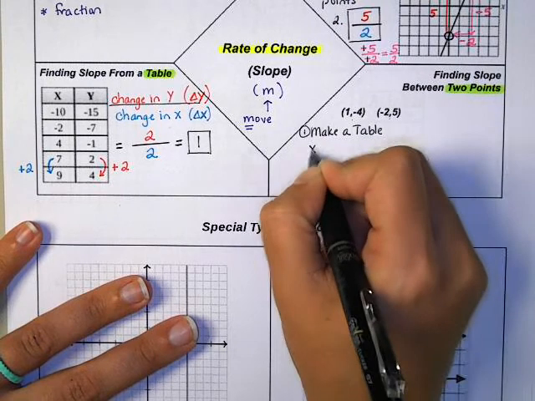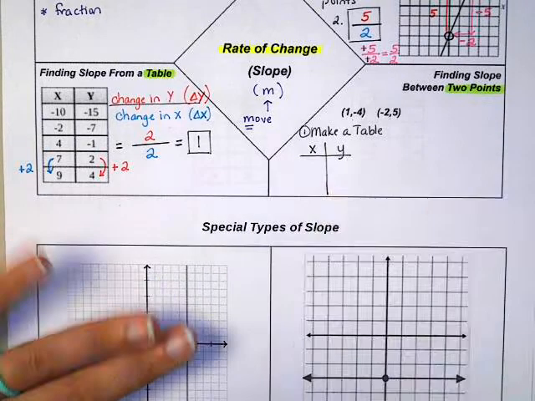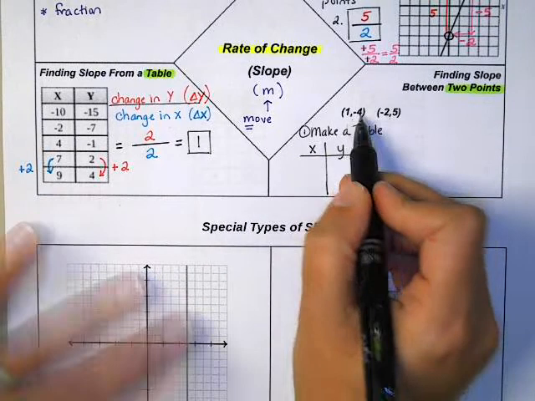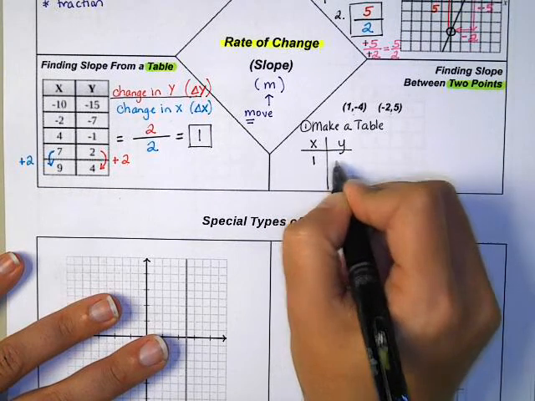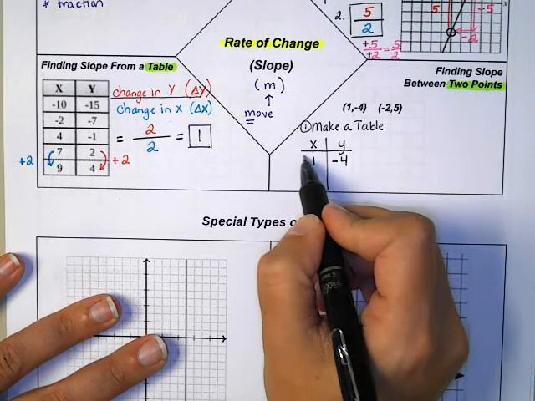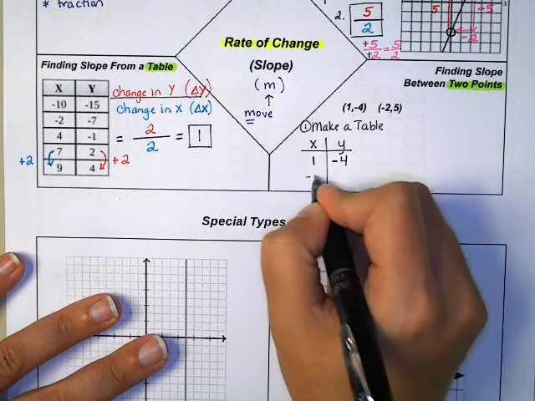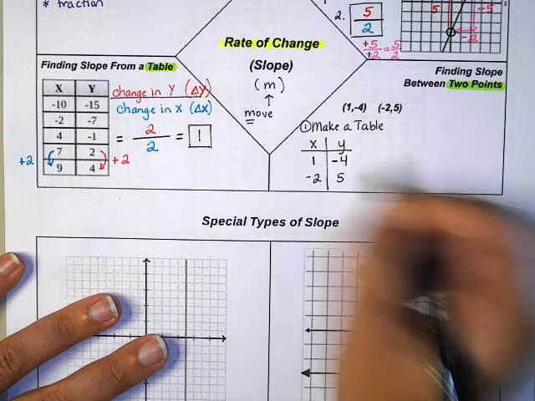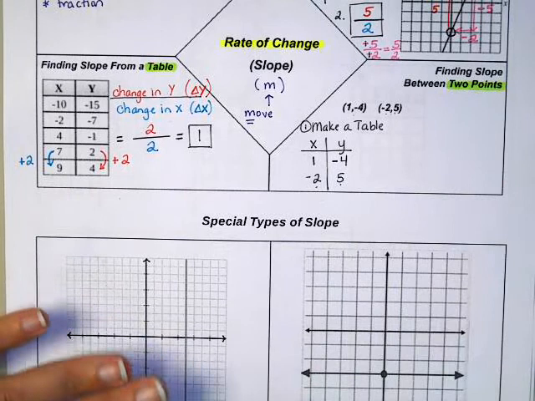So I'm going to have an x column and a y column. My first point is 1, negative 4. So the 1 goes here and the negative 4 goes here. That's my first point. My second point is negative 2, 5. So the negative 2 goes here and the 5 goes here.